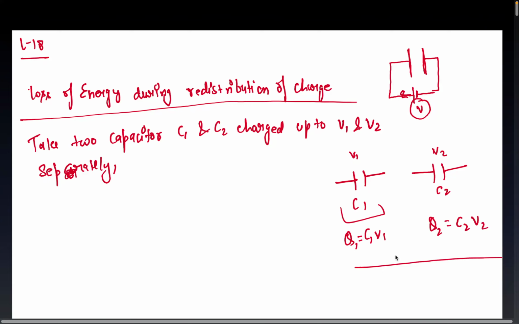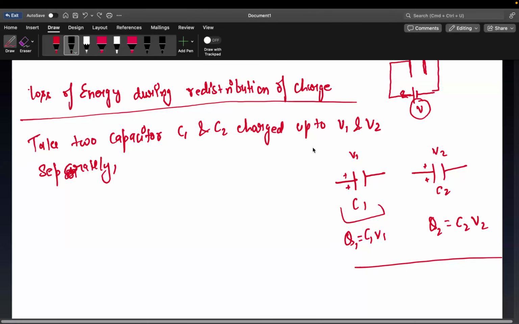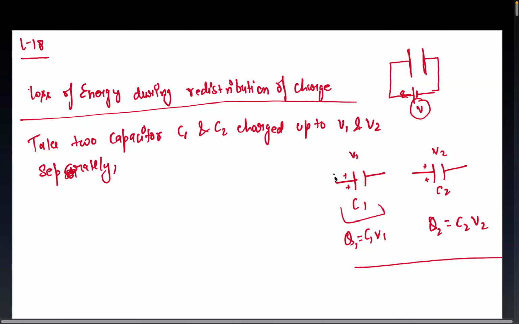Now my task is to connect these two capacitors. For example, this is the positive plate and this is also a positive plate. I am going to connect the positive plate of this capacitor to this.